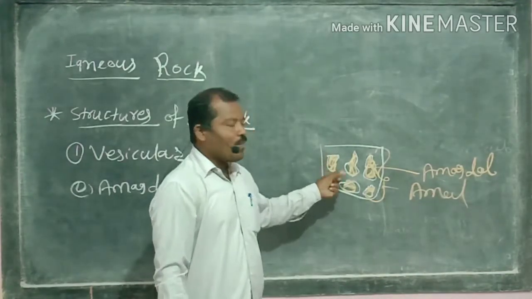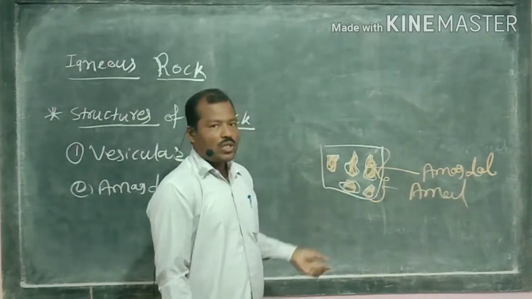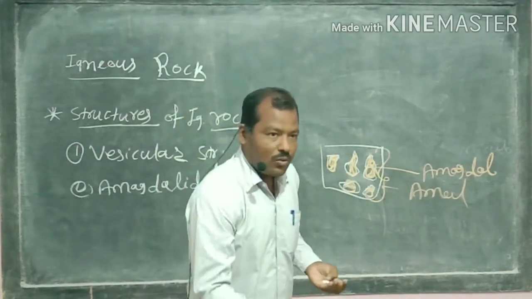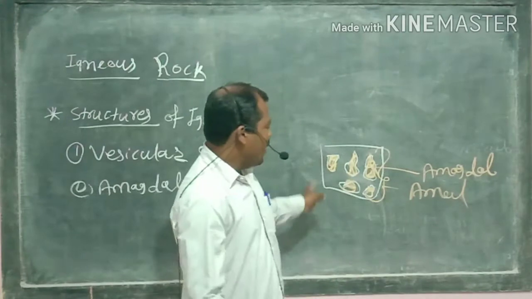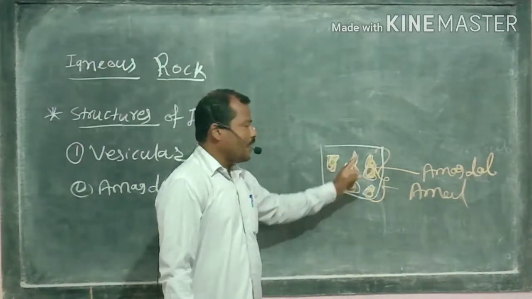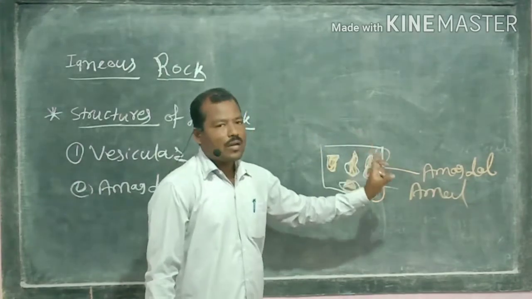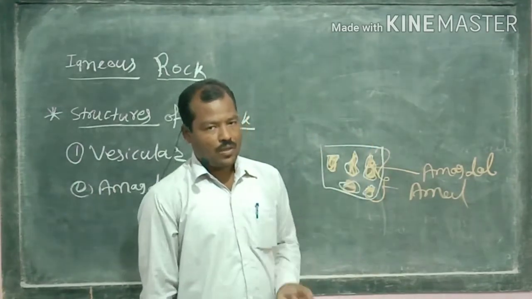Some amount of powdered form of those elements or remains are also consolidated and cemented, and form the amygdales. Those secondary minerals along with vesicles are called an amygdaloidal structure.